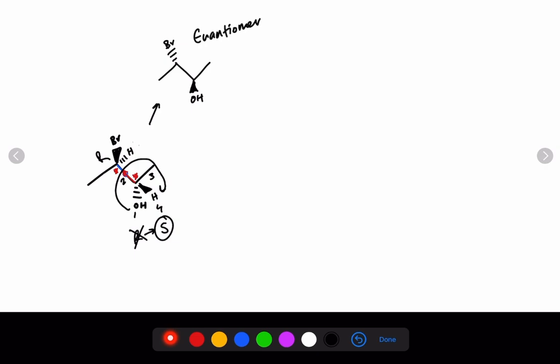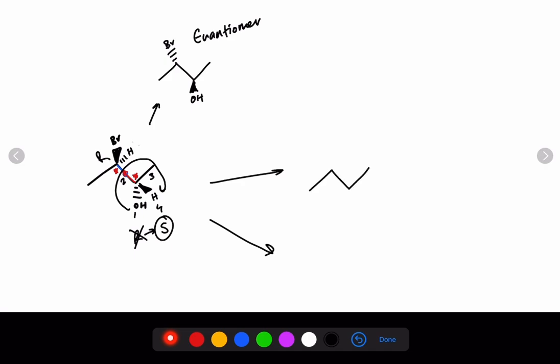A diastereomer, in this case, would only have one of the chiral centers changed. So there are two possible diastereomers. You could either change the first chiral center or the second chiral center. And with diastereomers, it's a lot easier to just switch the wedge to a dash or the dash to a wedge to flip the orientation.